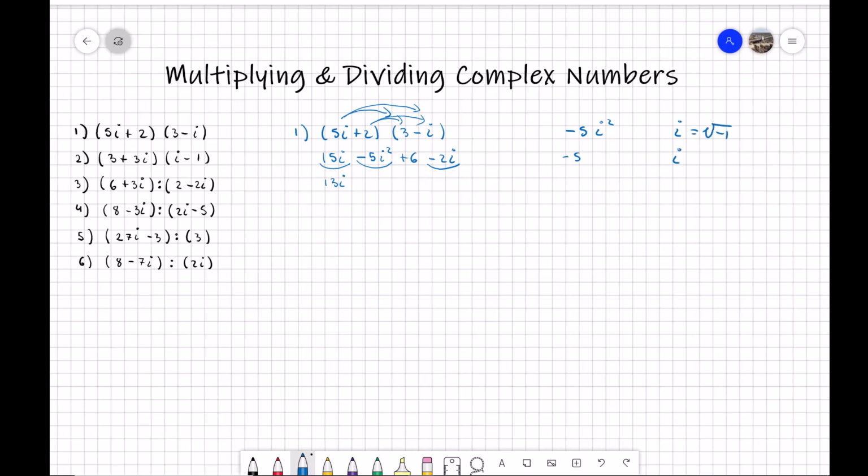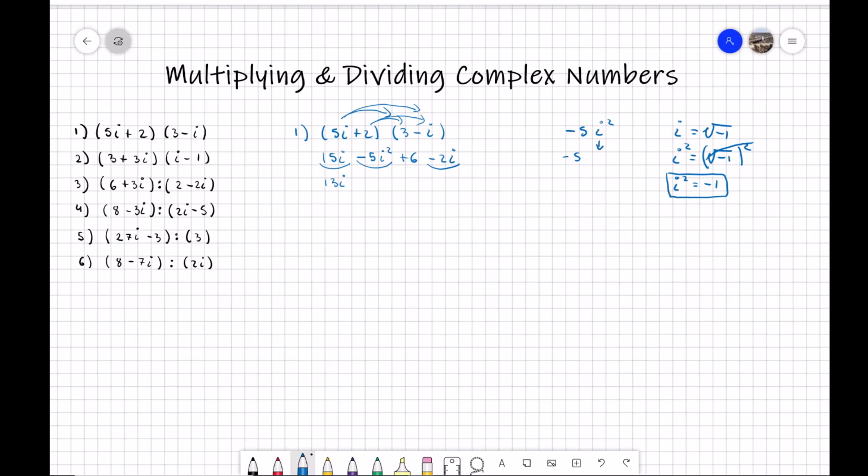So that means that i squared is the square root of negative 1 squared, right? So that cancels out and you end up with negative 1, right? So i is equal to the square root of negative 1 and i squared is negative 1.